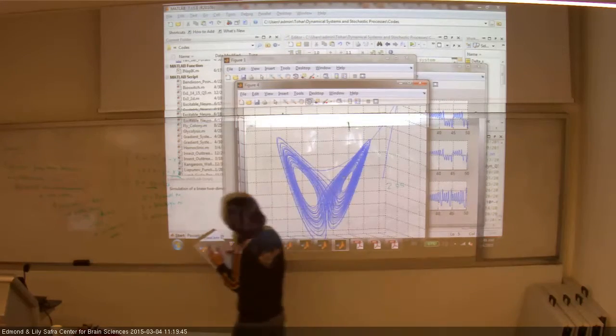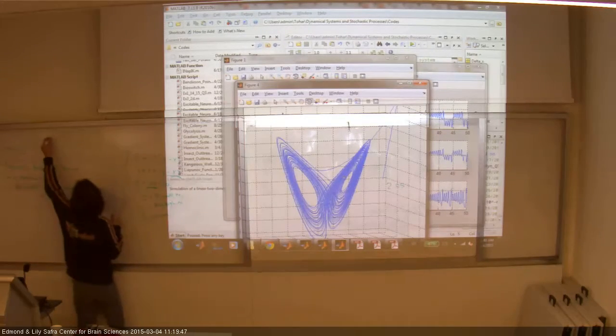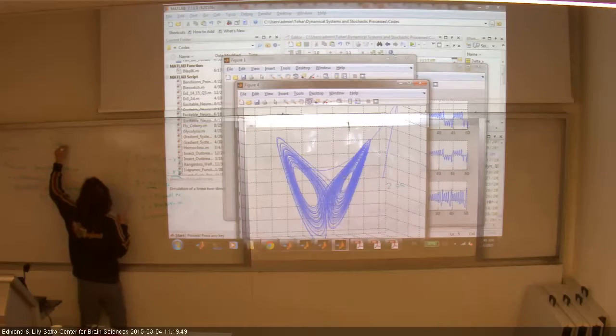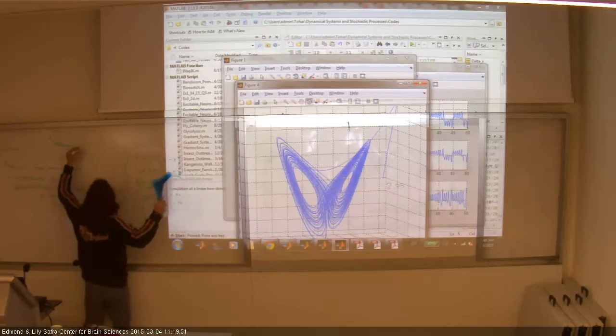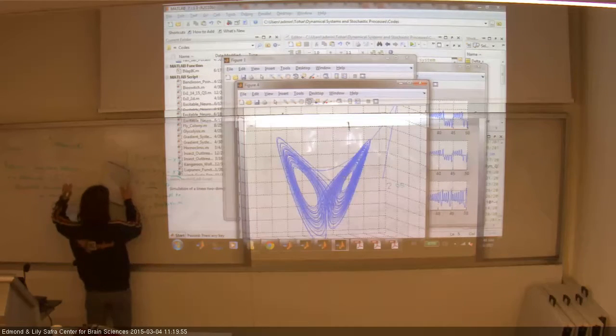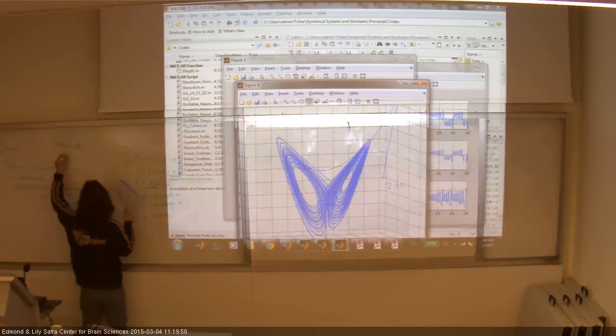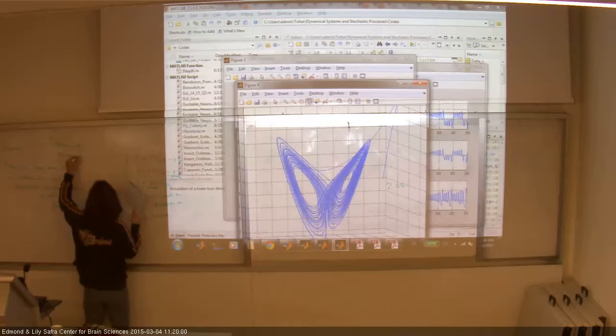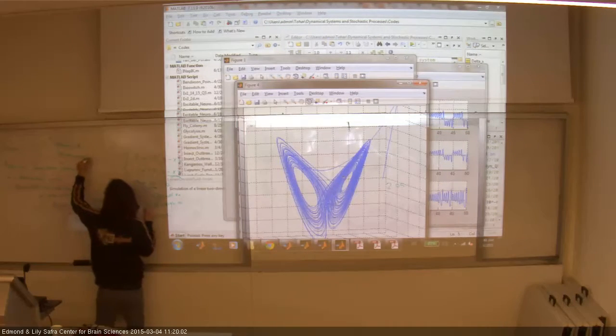Okay, deterministic. Sorry for the mess. I'm avoiding the projector. Deterministic, meaning no noisy inputs or parameters.